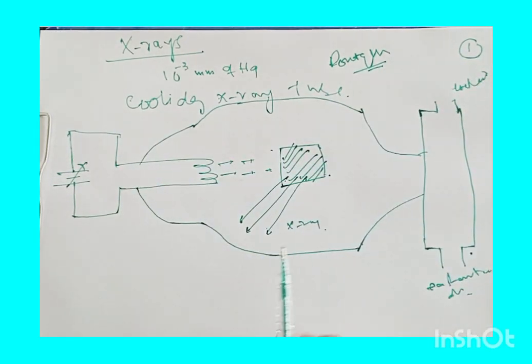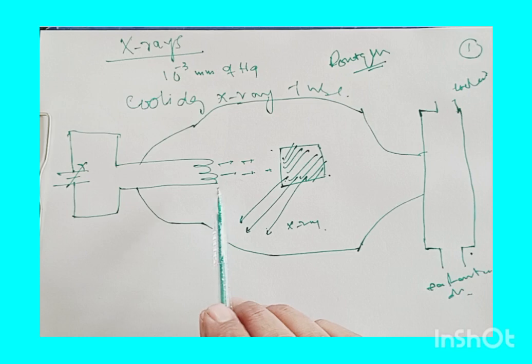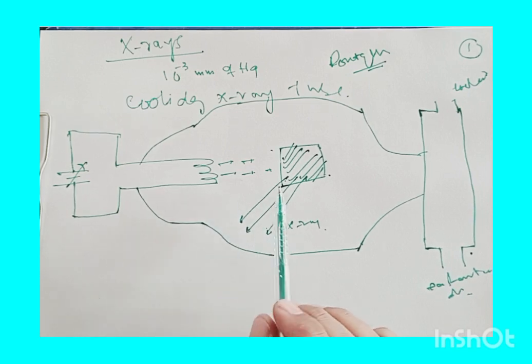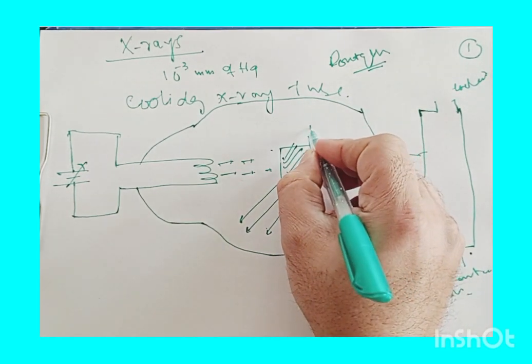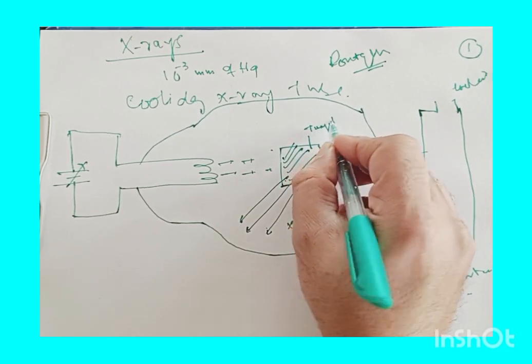He concluded that highly penetrating radiations of unknown nature are produced when a beam of fast-moving electrons strike a solid target such as tungsten. So here we have a tungsten target.